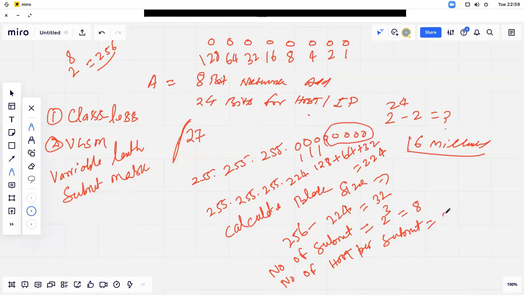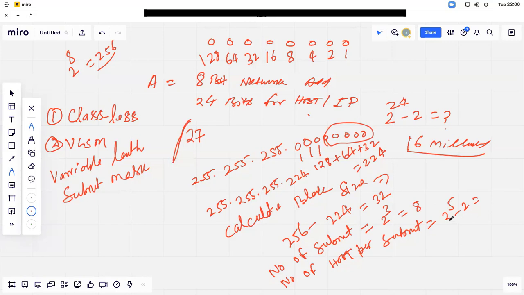So we'll write here 2 raised to the power 5 minus 2. Whenever you are calculating the number of hosts, you need to always subtract 2. What is 2? One is the network address and one is the broadcast address. So it must be subtracted whenever you are calculating the total number of hosts or total number of IP addresses in any network.